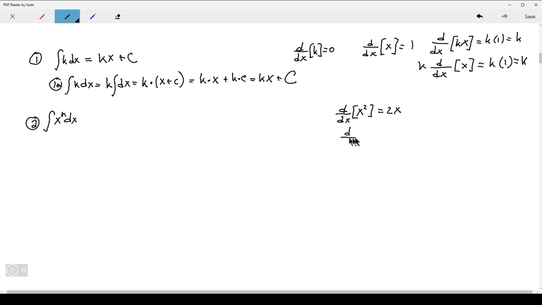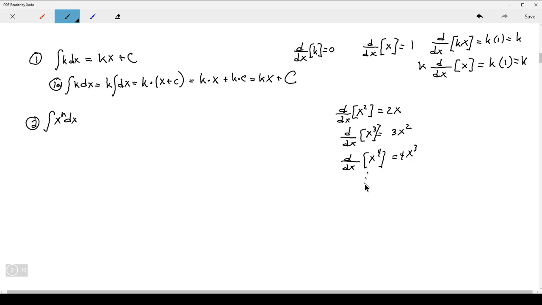d dx of x to the third is 3x squared. And I forgot to close my parentheses. One more. d dx of x to the fourth is 4x to the third.